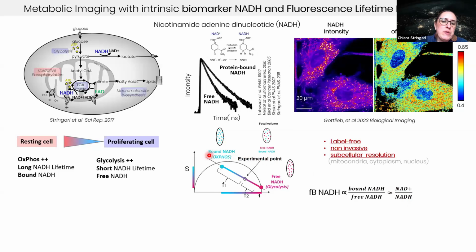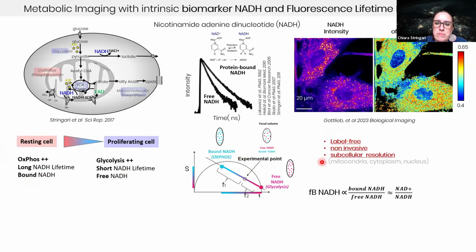And in this way, we can quantify the contribution of oxidative phosphorylation with respect to glycolysis. So typically, if a cell undergoes mainly oxidative phosphorylation, we have a long lifetime and more bound NADH, while if a cell is glycolytic, we have a short NADH lifetime and more free NADH.